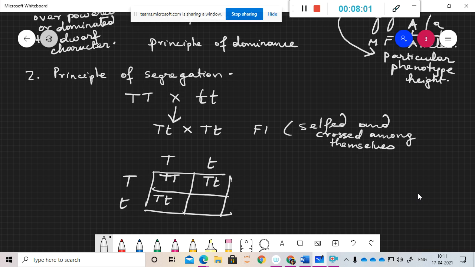he got 3 tall plants, and at the same time the dwarf character re-emerged.